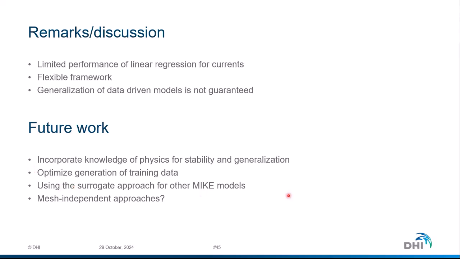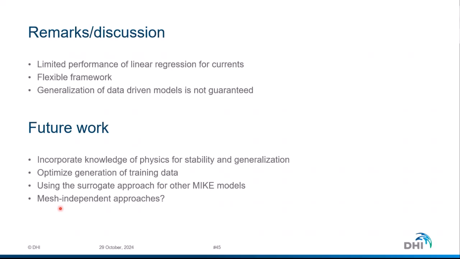Then, of course, also using the surrogate approach for other MIKE models. I just presented it now for some coastal ocean models. And then also mesh independent approaches. For example, there are things like neural operators, a piece from literature where you're training not a model to map from input to output, but one that maps from functions to functions instead.